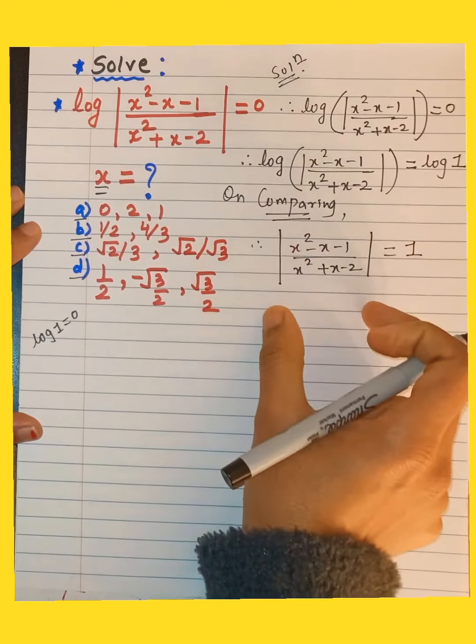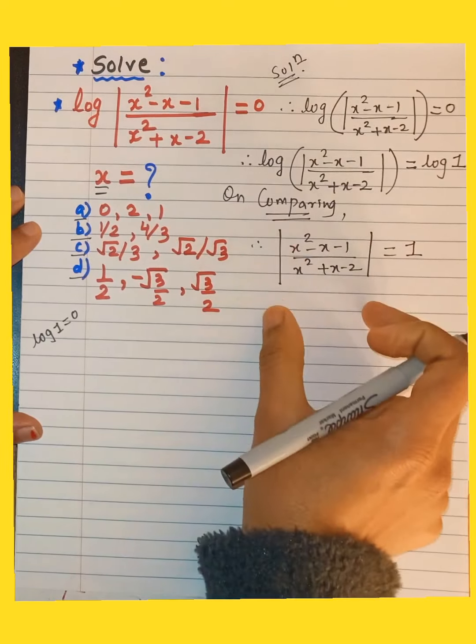Now, further what we will do? Whenever an absolute value is given, for example, suppose this whole part is our x, so mod of x is given like this. Suppose if x is greater than 0, then mod x is always equal to x.